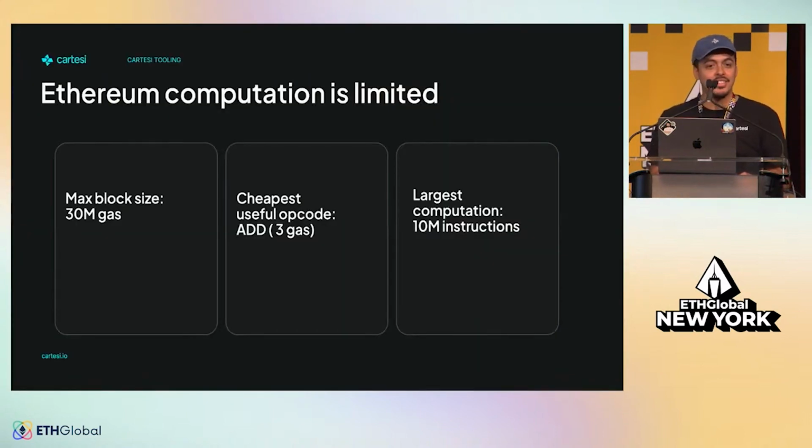So to be fair and display a little bit of how it feels, I'm going to be very generous to the Ethereum network. And let's go with 30 million gas of block size, which is already not ideal. And if we take just the addition opcode, which is the least that does something, you can have about 10 million instructions per block, right?